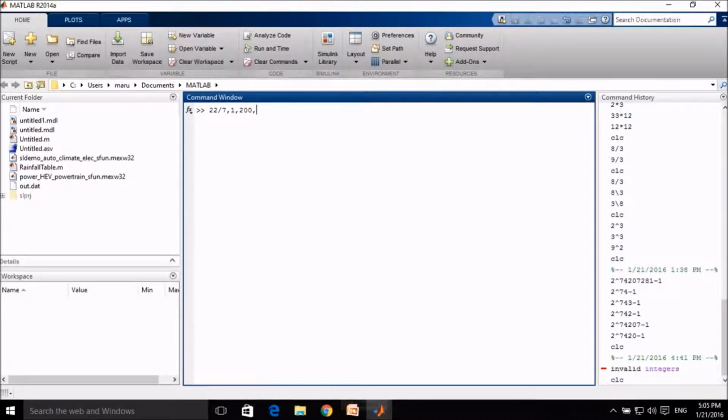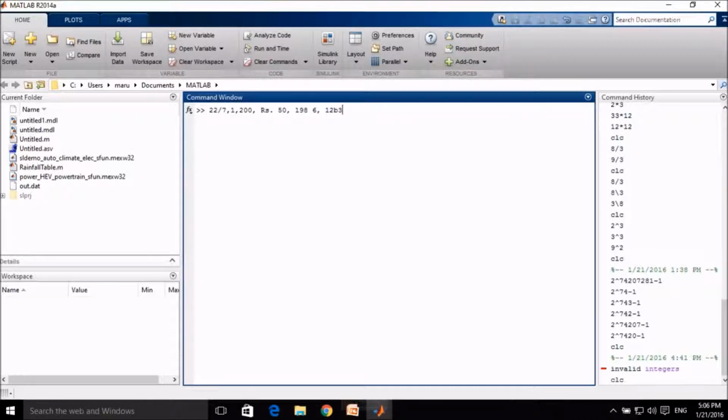Or 50 rupees, with a currency symbol. This is also not valid. Or 198 pairs 6. This is also not valid. These are also invalid integers.